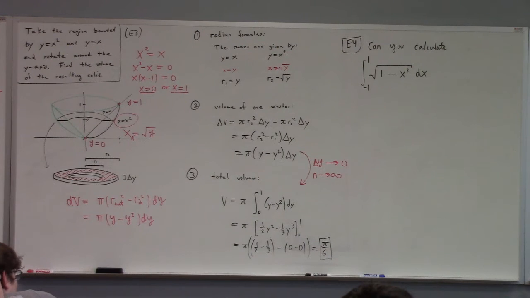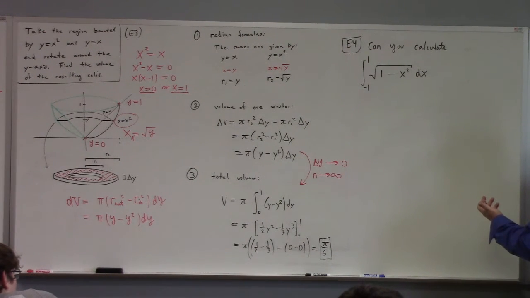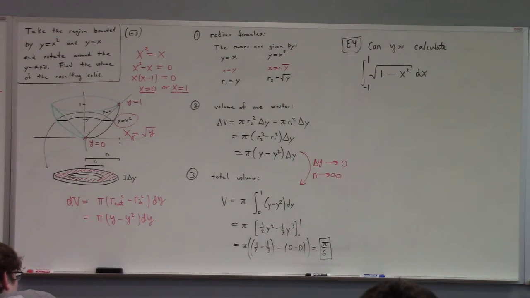Full disclosure, here's why you guys can't find it. Don't tell anybody I told you this, you're not supposed to know this yet, but if you want to solve this integral, what you do is you let x equal sine theta.